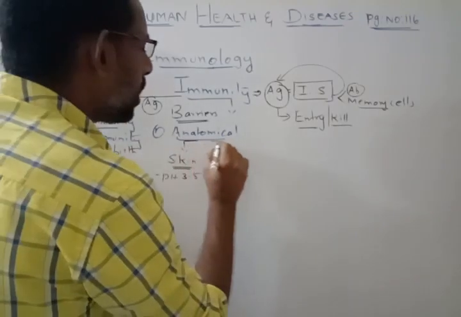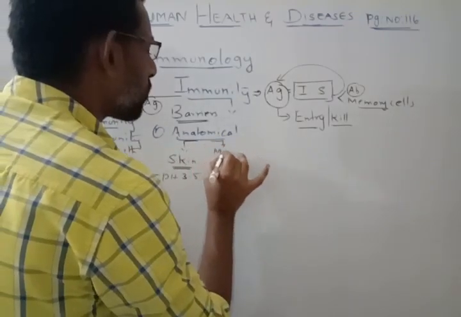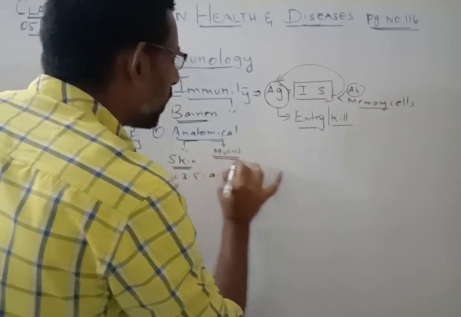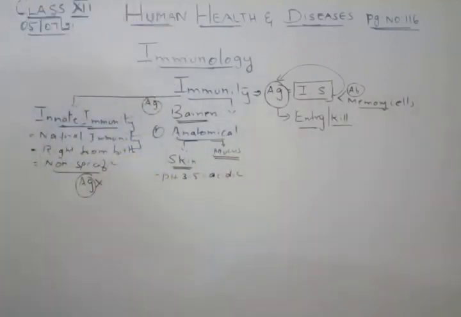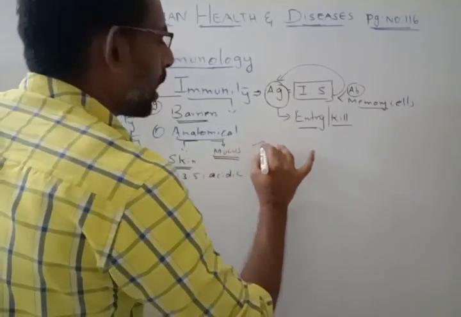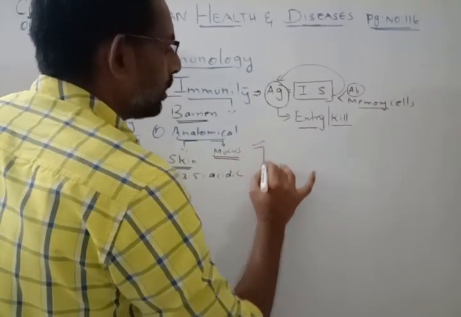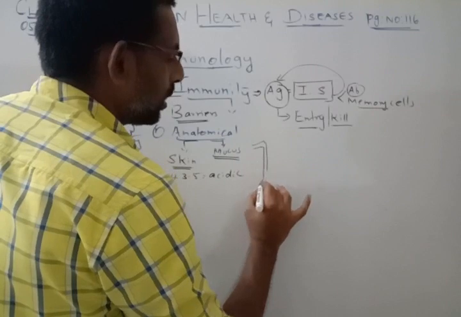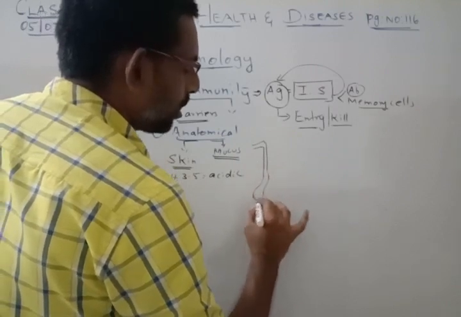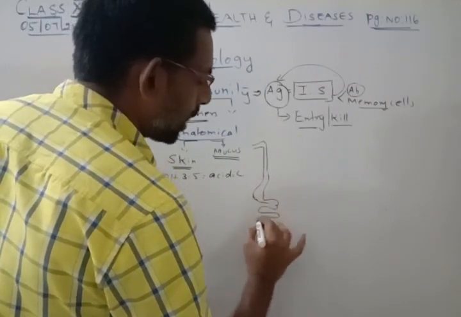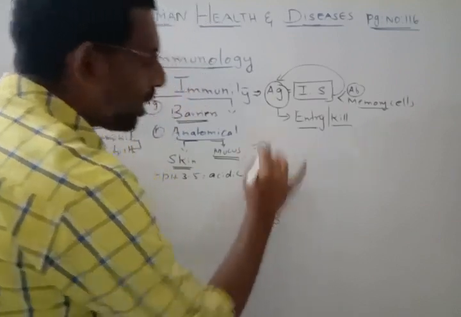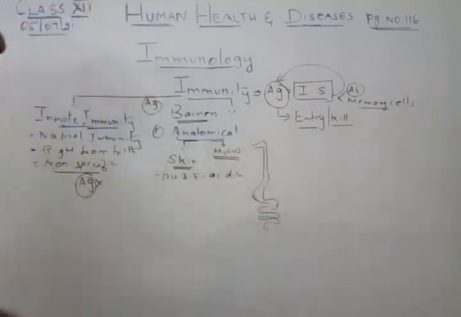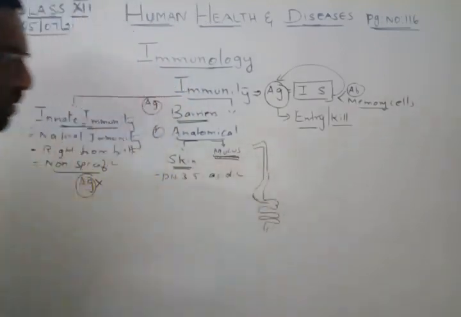And the second one is the mucus. Mucus is a layer. You can find it from the mouth to the anus. So the respiratory tract, then the esophagus, then the stomach, then the small intestine, large intestine, and the anus. Everywhere inside it is lined with a layer called mucus.